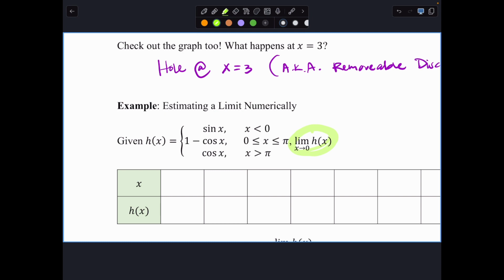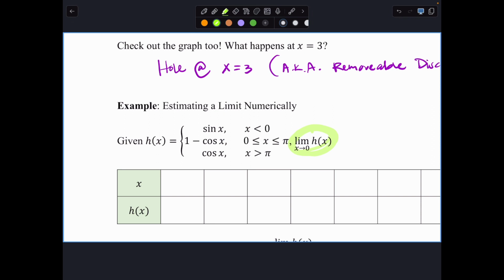X greater than or equal to 0, and x less than or equal to pi.